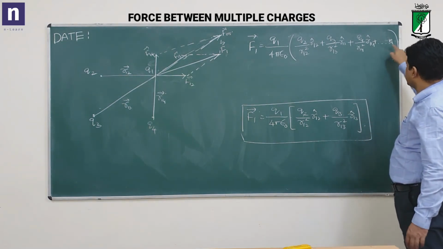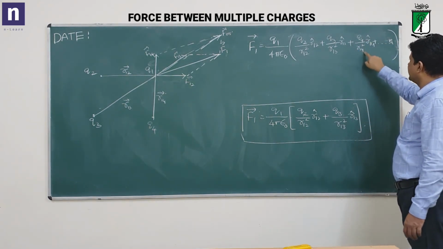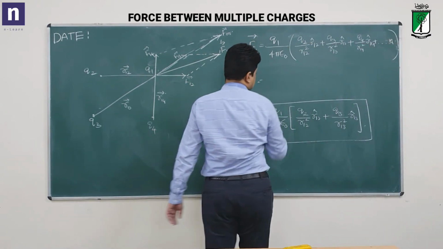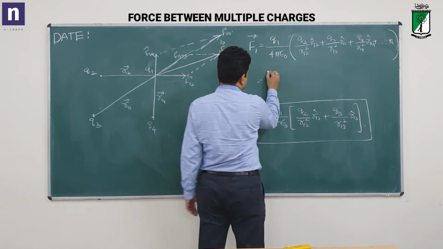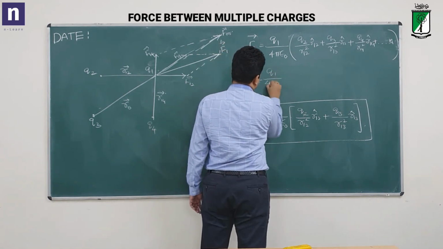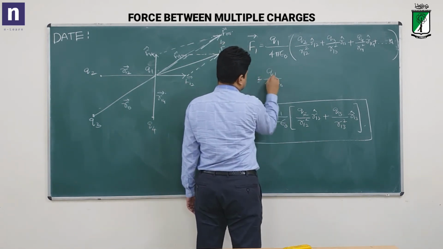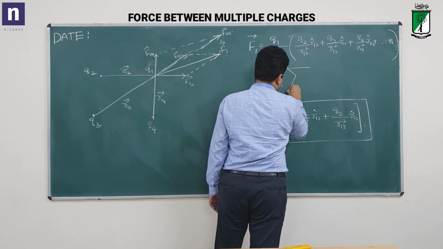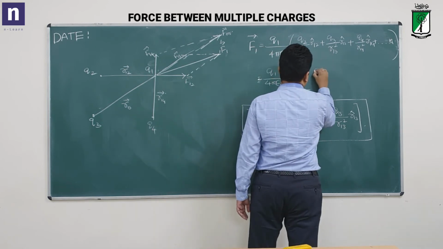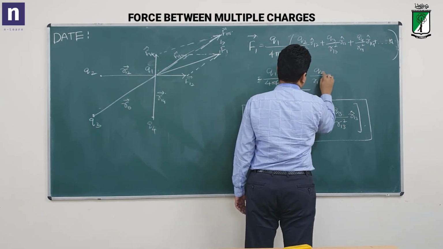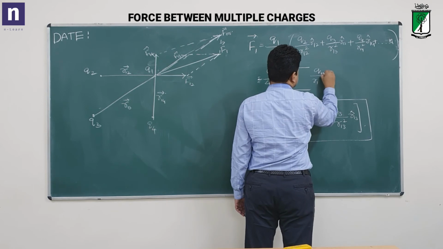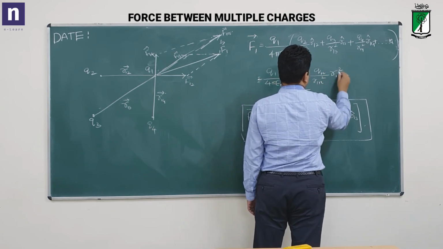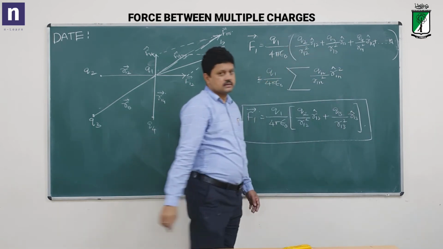So what is the nth quantity here? Qn divided by R1n square, R1n cap. So this I will put as a summation here, that is Q1 divided by 4 pi epsilon naught into summation Qi divided by R1i square, R1i cap, right?